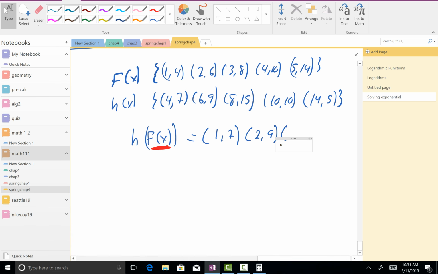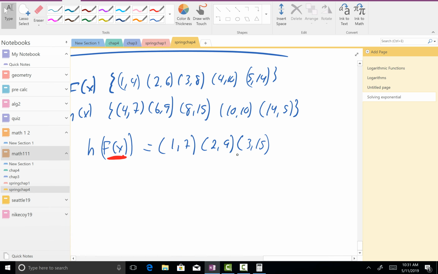And then 4 is 10, 10 goes to 10. And then the last one is 5, 14, and 5 goes to 5. So then the composition looks like that. There were a number of people who had stuff, maybe 10, but kind of dismissed it a little bit.